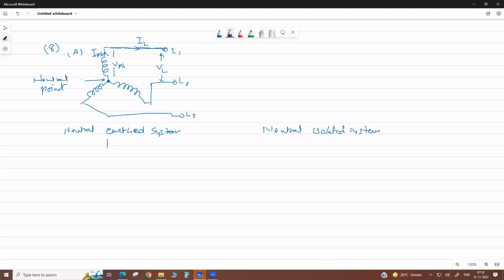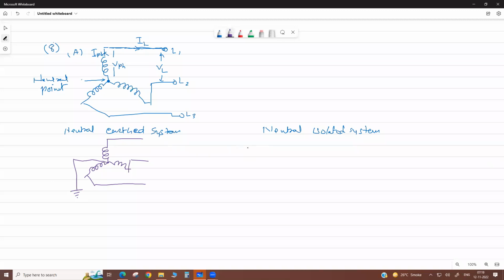In the neutral earth system, this star point is solidly or directly connected to the earth, the general mass of earth, grounded. This is at every voltage level, whether it is a three-phase transformer or three-phase alternator.